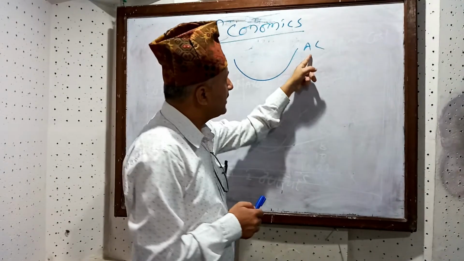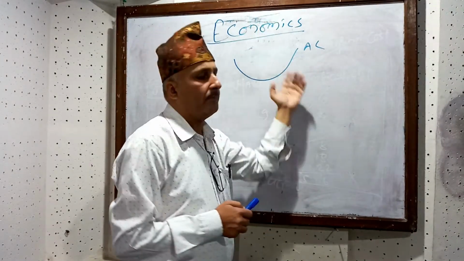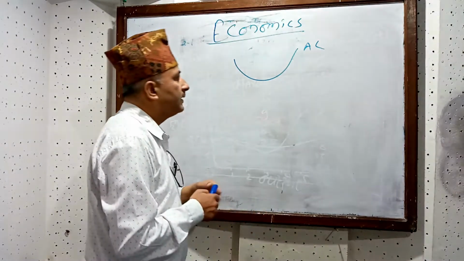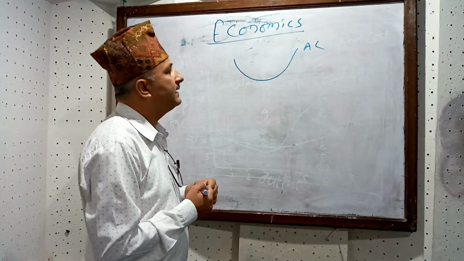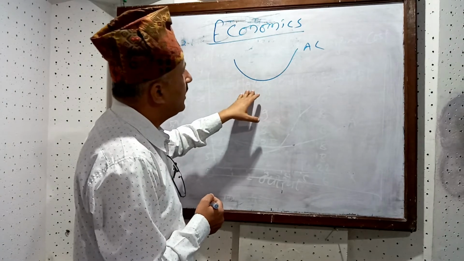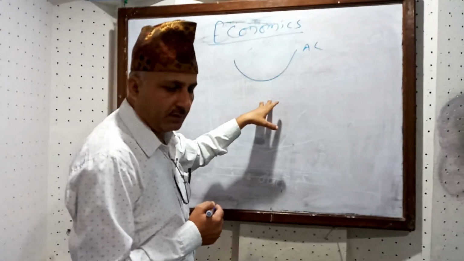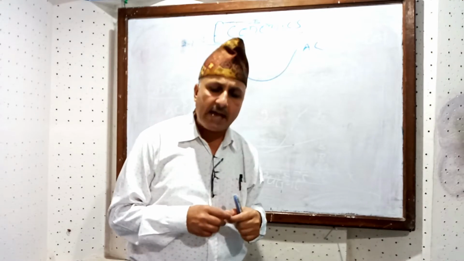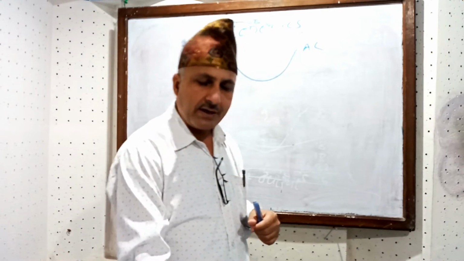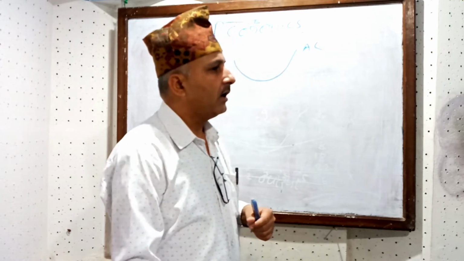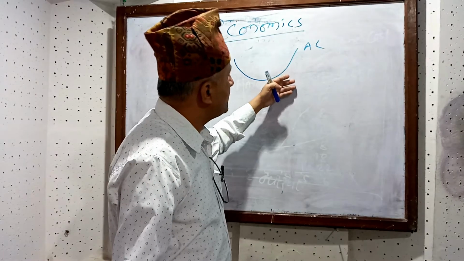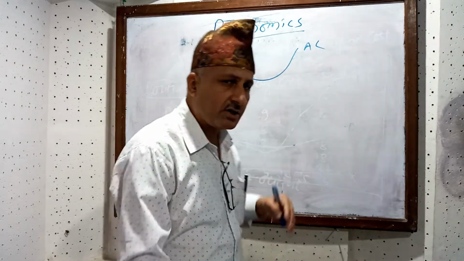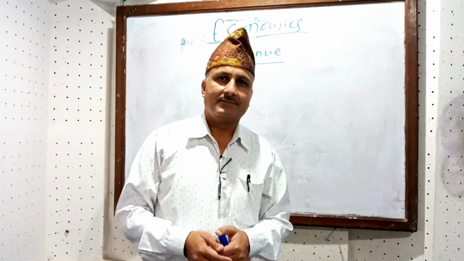That's why the average cost curve goes upward from this point. In this way, we can explain the reasons behind the U-shape of the average cost curve. Now, I think it is clear to you. I think you do not have any problems regarding the U-shaped AC curve, the U-shaped average cost curve, and the relationship between average cost curve and marginal cost curve.